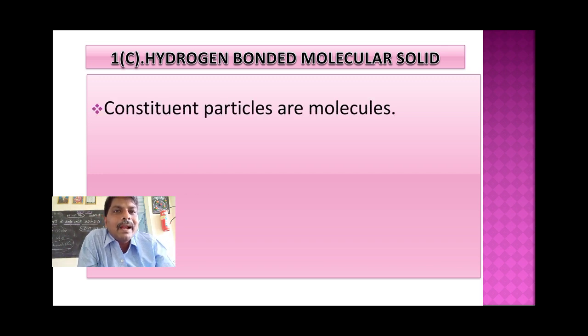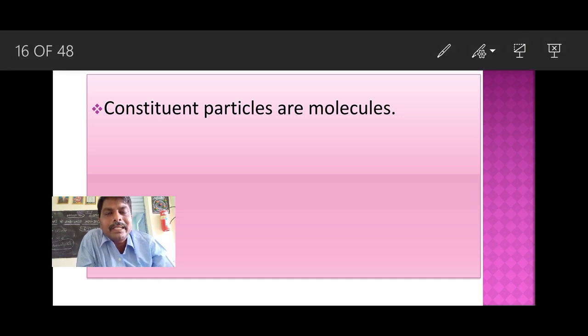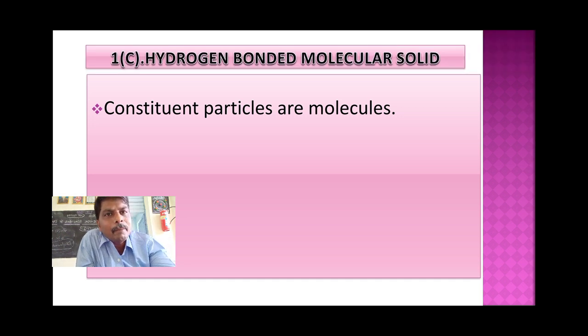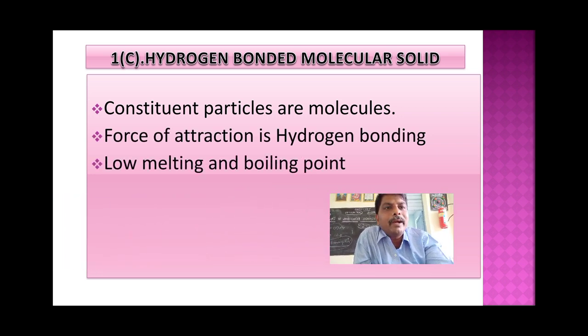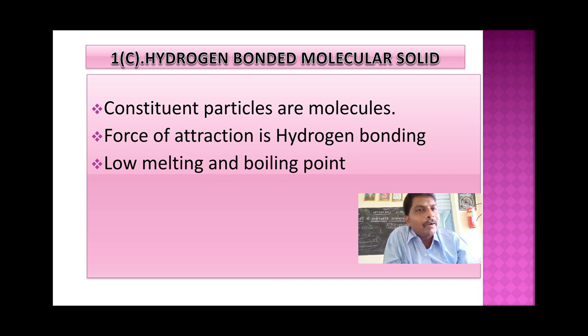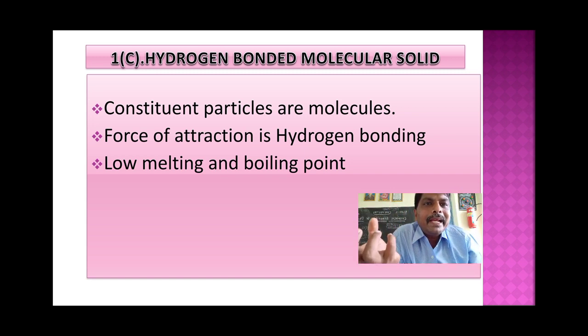Constituent particles are molecules. The binding force of attraction is hydrogen bonding. It has a low melting point and boiling point. Now let's recollect what hydrogen bonding is. Hydrogen bonding means the weak electrostatic forces of attraction.